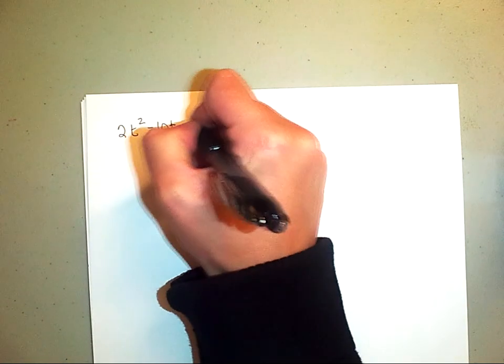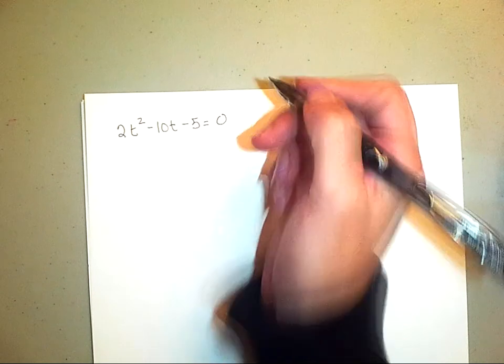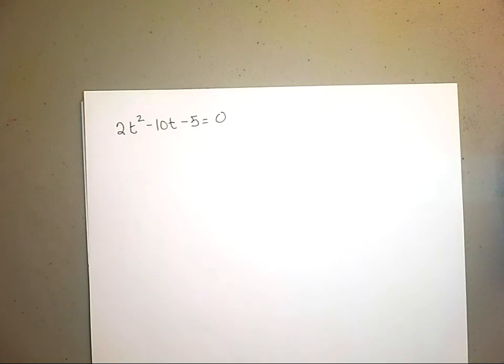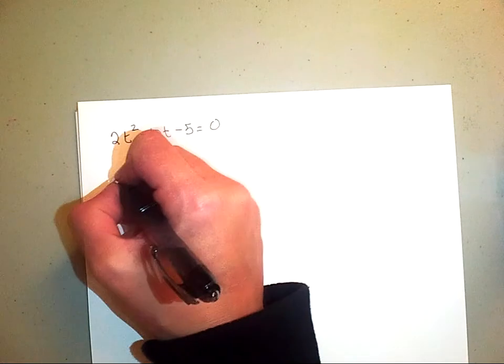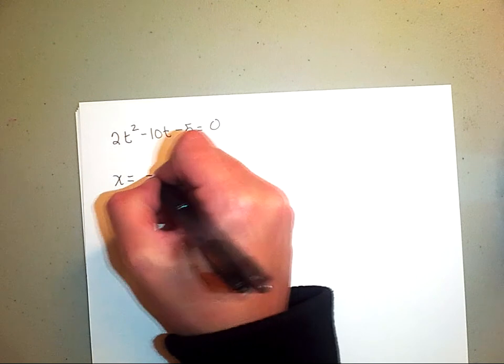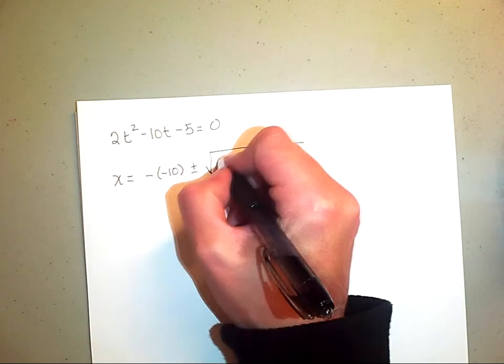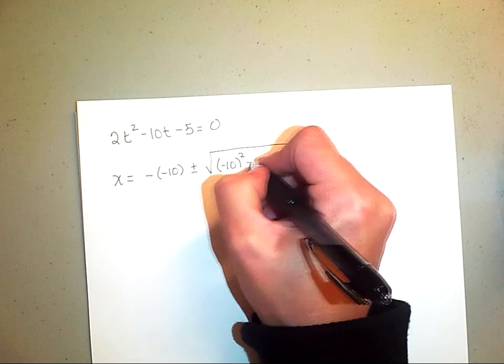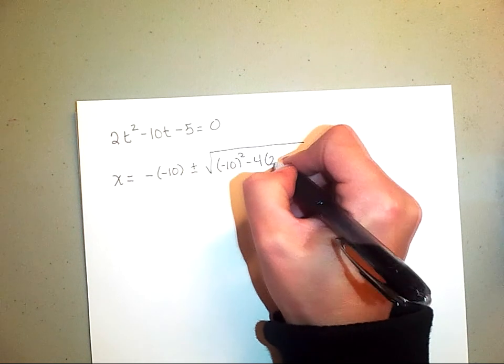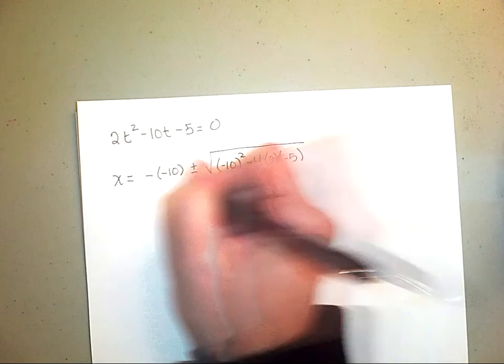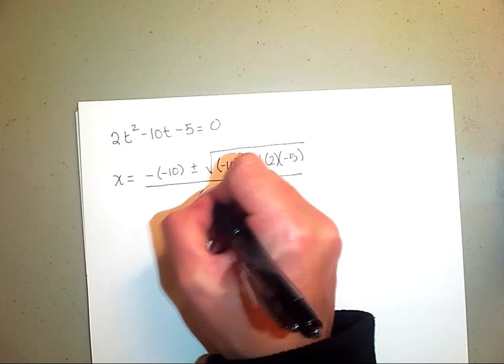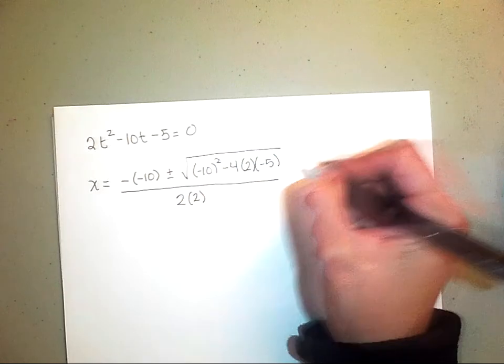Alright, so 2t squared minus 10t minus 5 equals 0. Okay, let's do the quadratic equation. X is equal to negative b plus or minus the square root of b squared minus 4 times a times c, all over 2 times a.